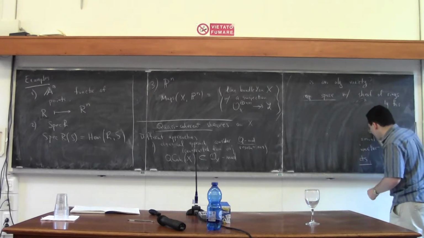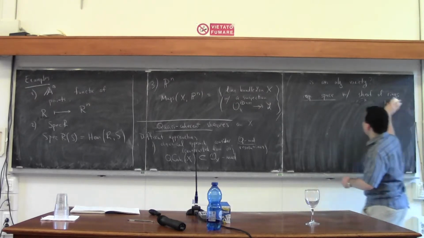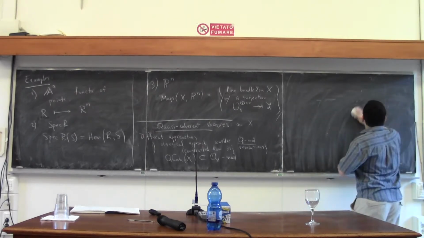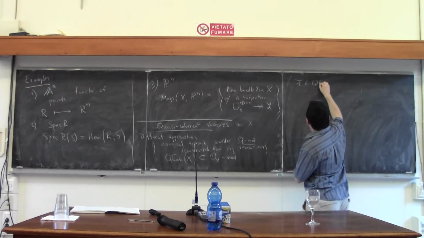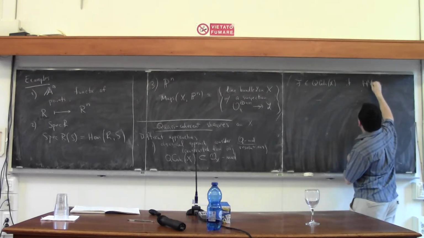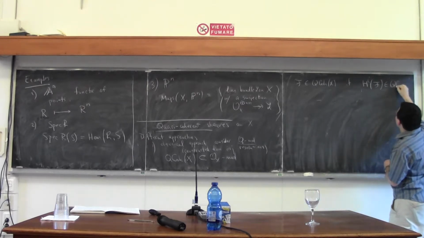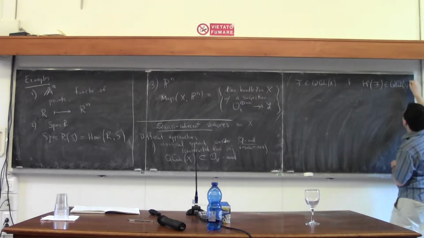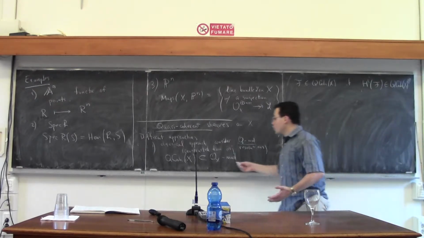Subcategory just means we pick out a class of objects and the morphisms between are the same as the morphisms in the original category. F is in this quasi-coherent category if H^i of F is quasi-coherent as just a non-derived sheaf of O_X modules.